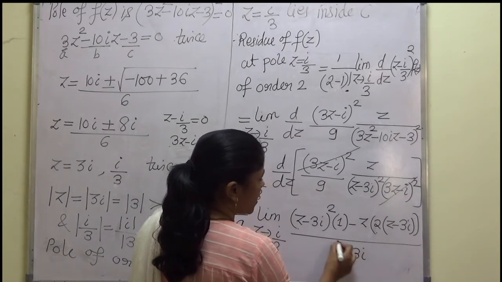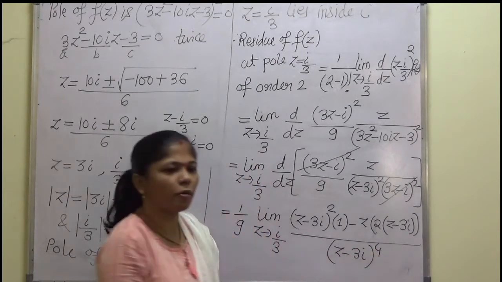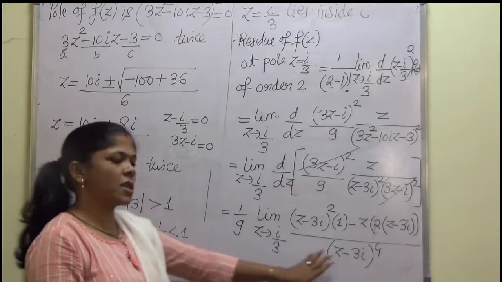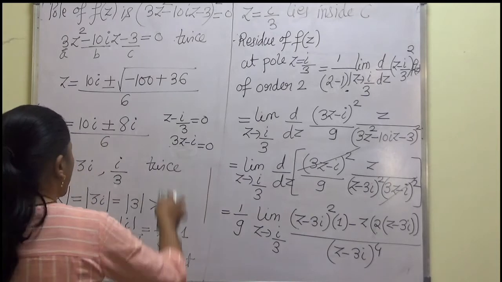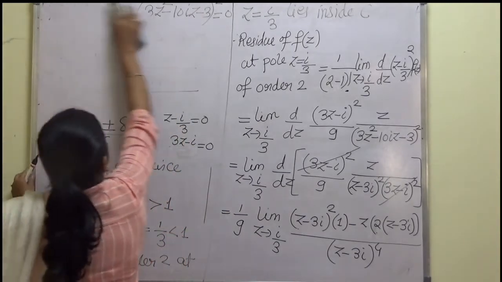The square of the second term will come out to be power 4. In this way I have simplified this by applying the quotient rule for differentiation.